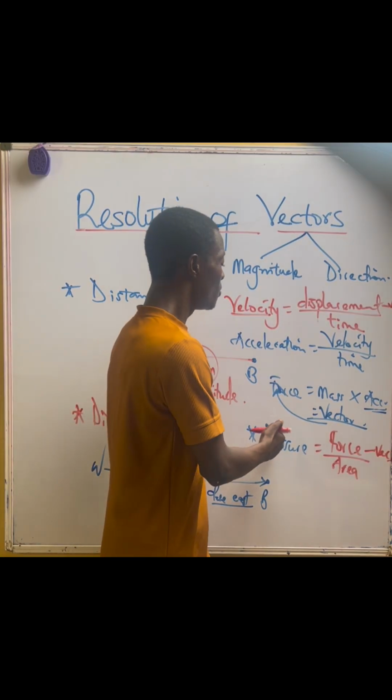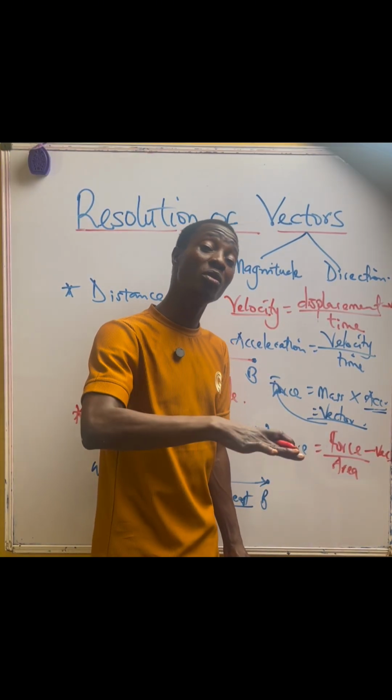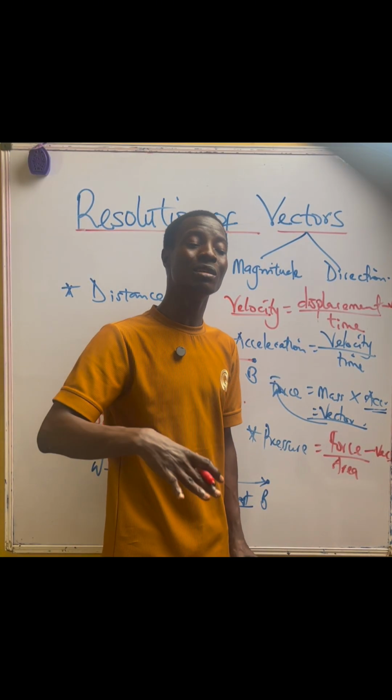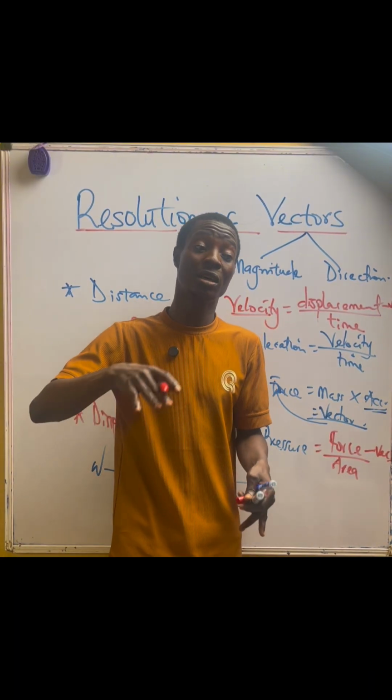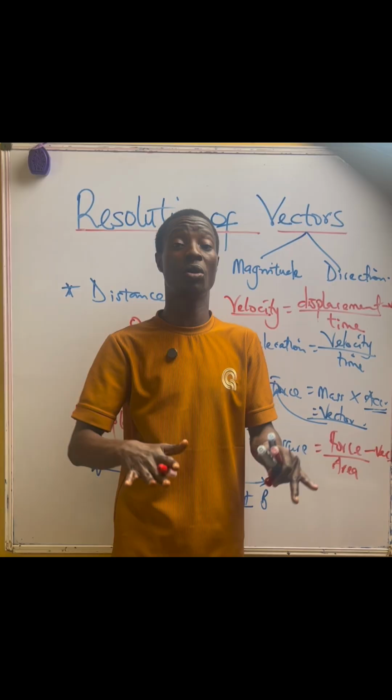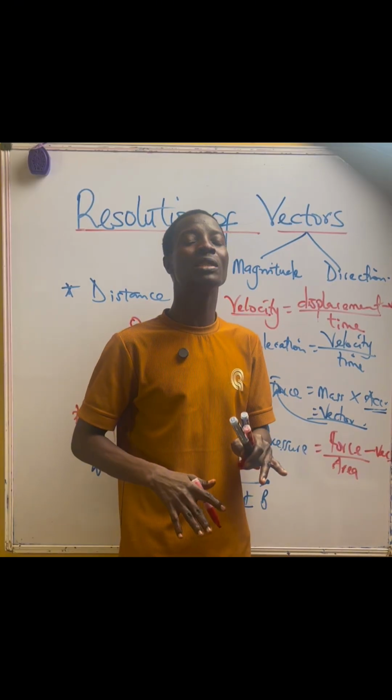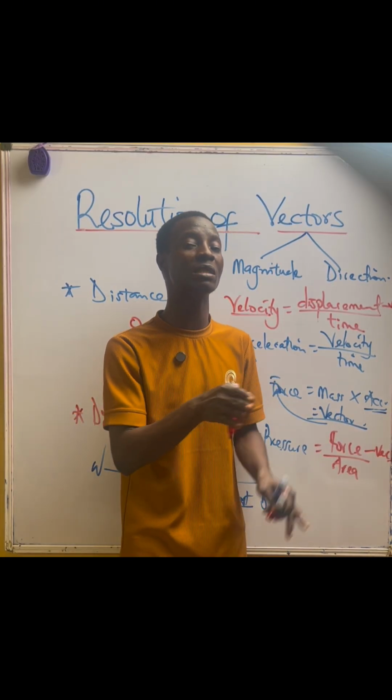When pressure is acted upon a substance, the pressure moves in all directions as far as the substance you're mounting the pressure on is concerned. So it has no particular direction that it's moving to.